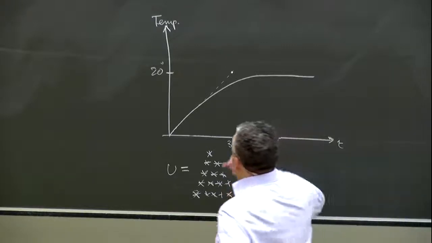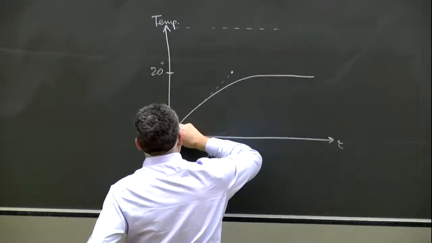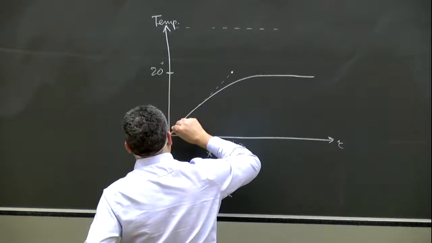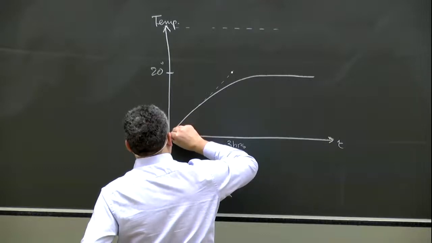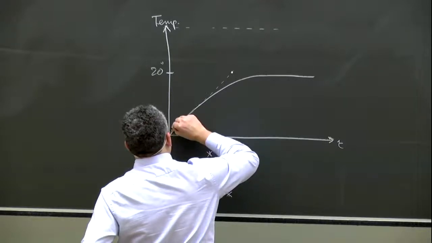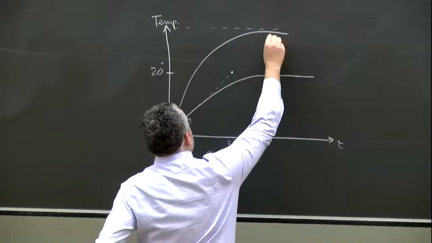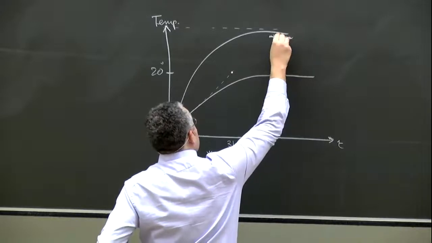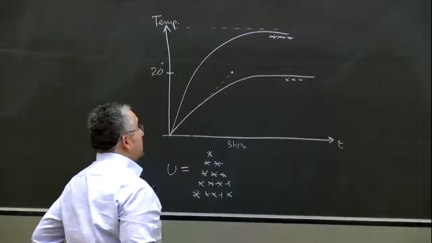Probably we'll go to maybe 40 degrees or something. So probably this would be something like that. This would be for 5 stars, and this would be for 3 stars.